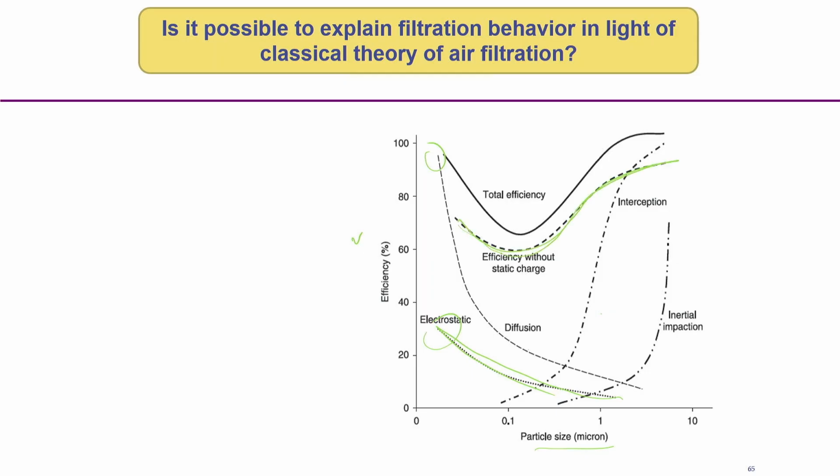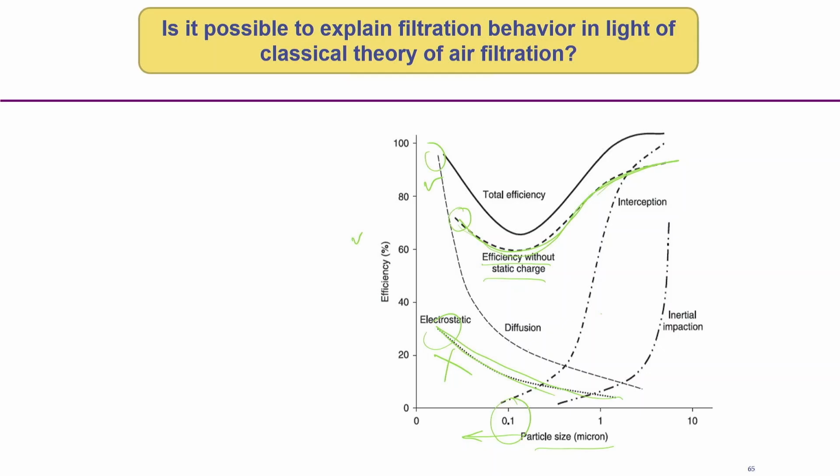This is the plot of efficiency without static charge. If we do not consider the static charge, and consider only interception, inertial impaction and diffusion, the typical plot is this. If we go to the particle size lower side, lower than 0.1 micron, the Brownian diffusion will dominate and we will get filtration efficiency typically around 70-75%.